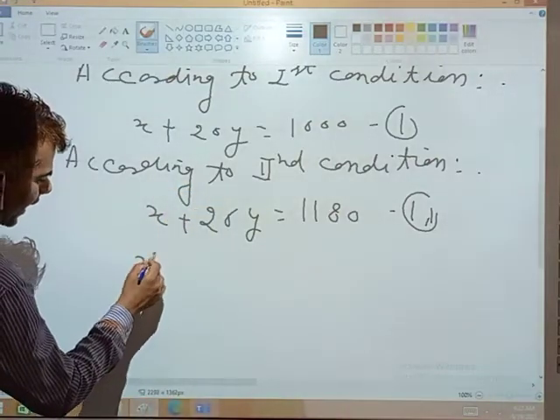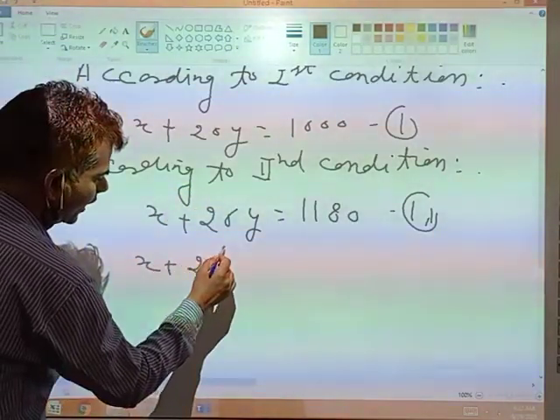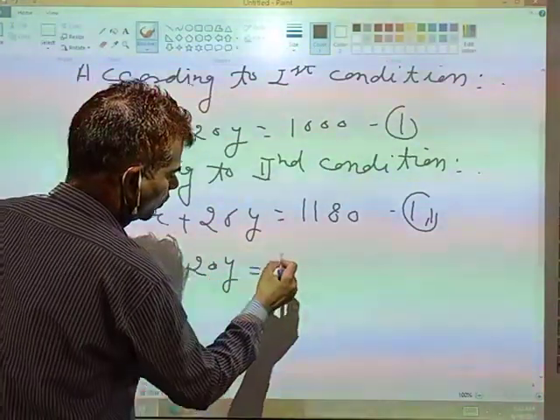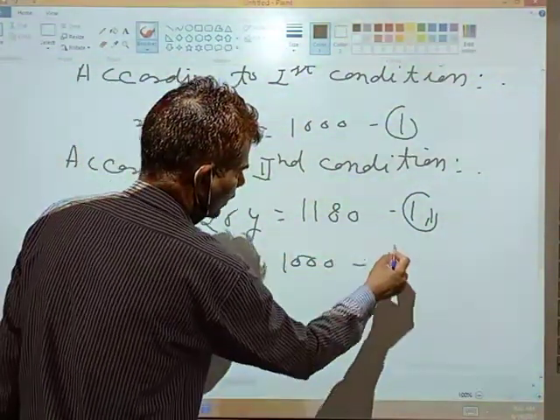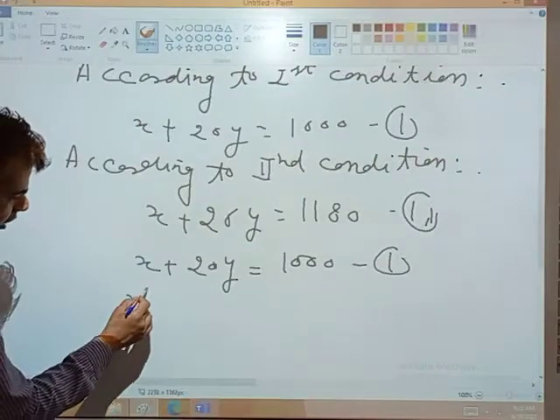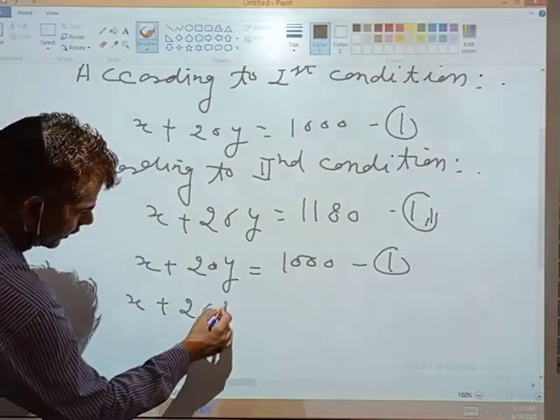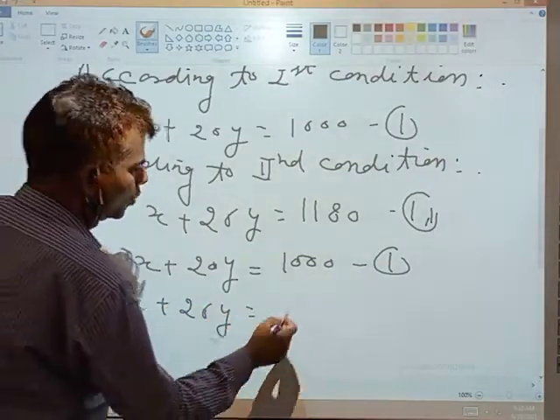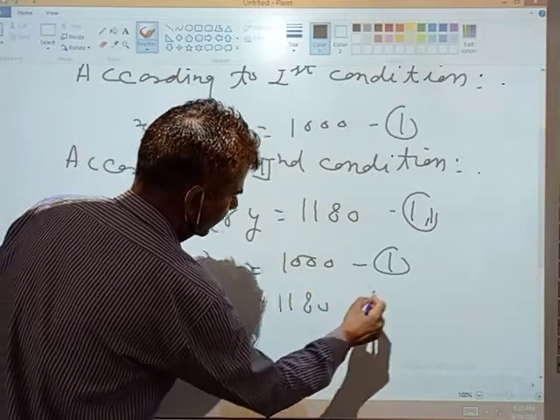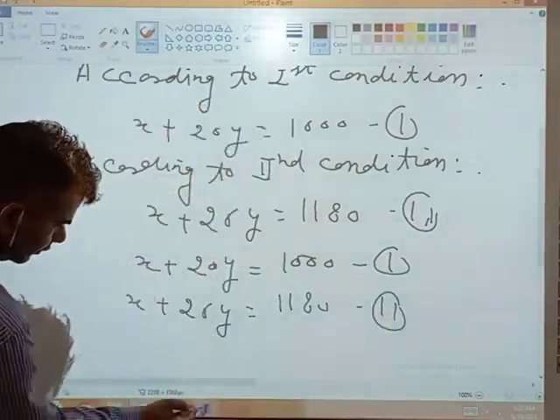Student, x plus 20y is 1000, that is the first equation. x plus 26y is equal to 1180, that is the second equation.